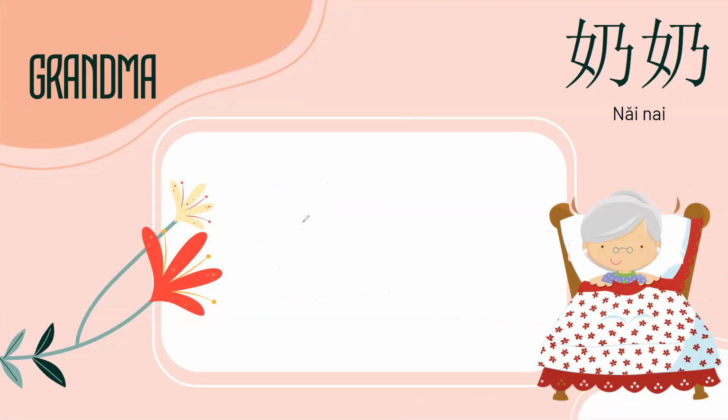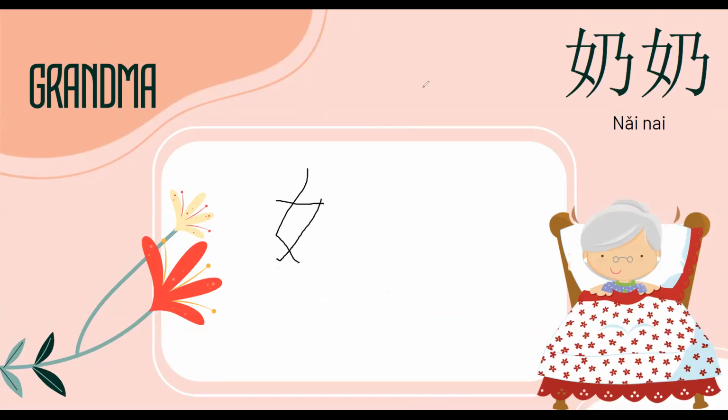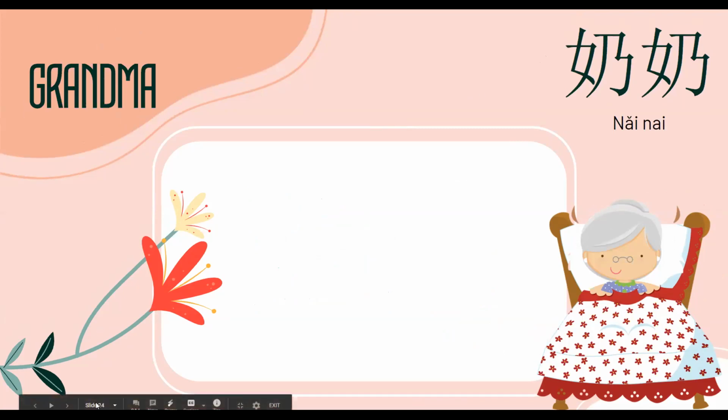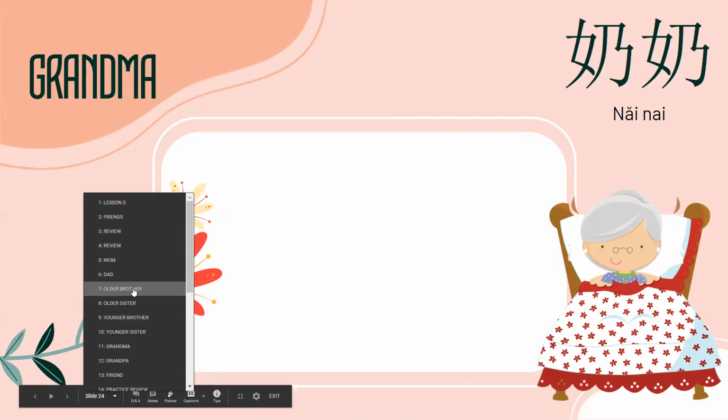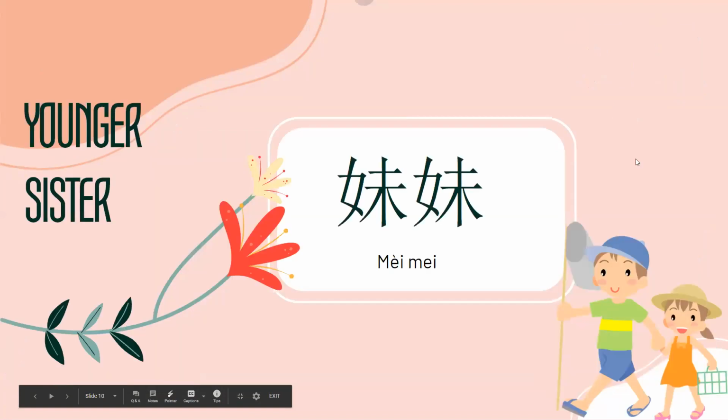We have this. Oh, wait, I think we forgot Mei Mei. Hold on. Let me go back to the little sister slide. I think we forgot Mei Mei, which is little sister, but it's okay.